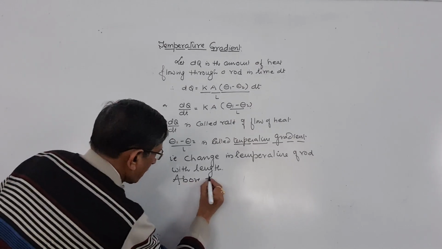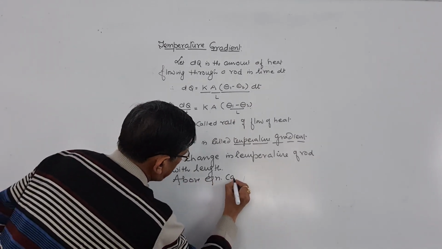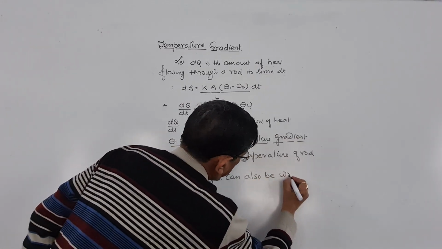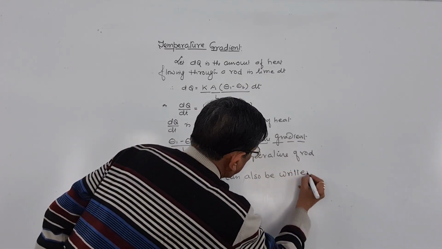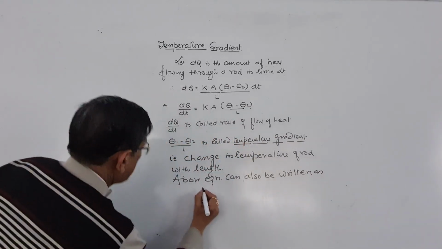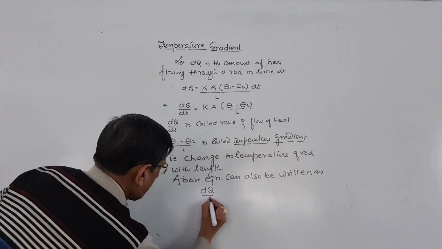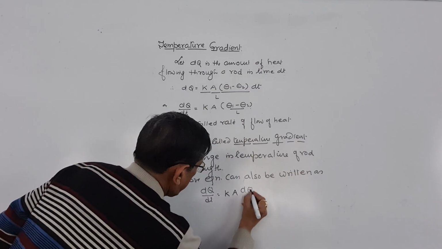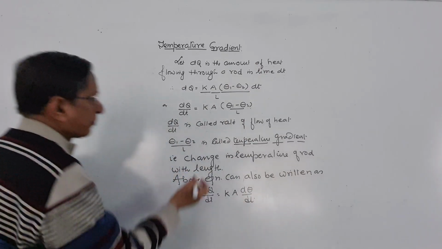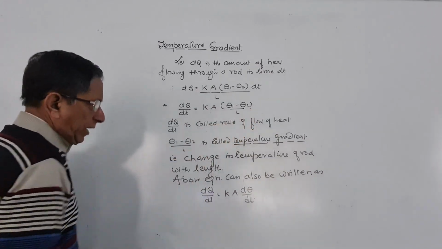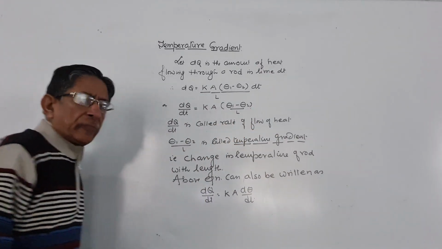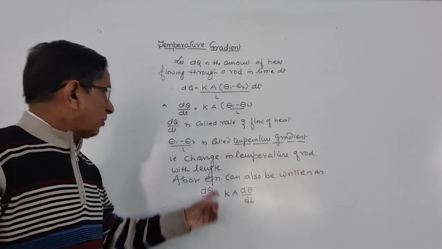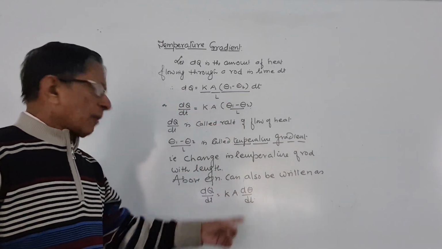Students, the above equation can also be written as dQ upon dt is equal to kA d theta upon dl. I have written it as d theta and L to be dl. So we can write this equation also as dQ upon dt is equal to kA d theta upon dl.